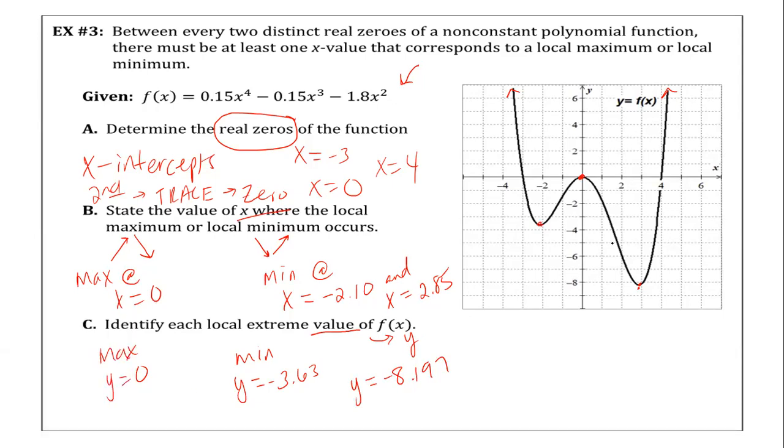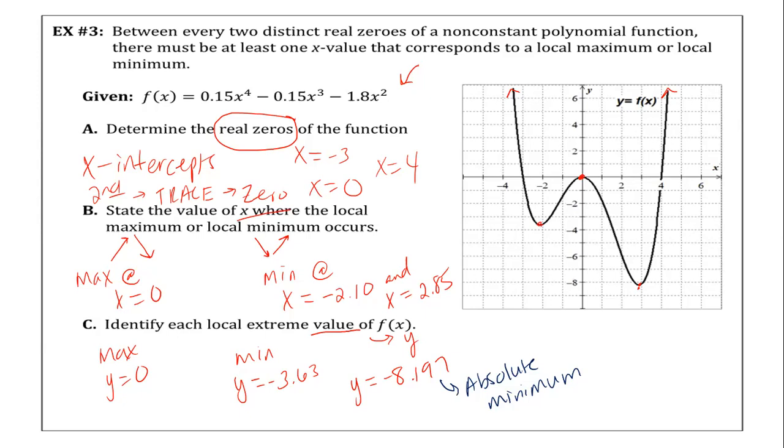Out of these two, because my graph does not go on to negative infinity, this one is what we would call our absolute minimum, because it's our lowest point of our graph. Does that make sense? That's why it's our absolute minimum. The other is just relative or local, because of the infinity, the fact that it goes forever to positive infinity.